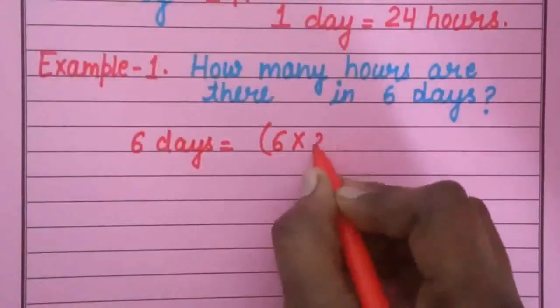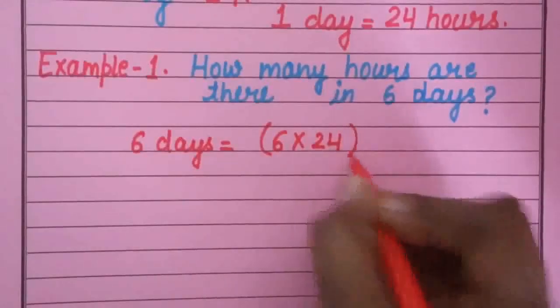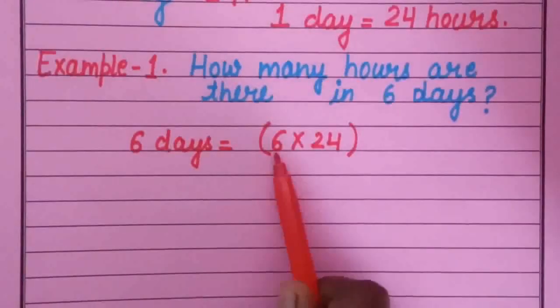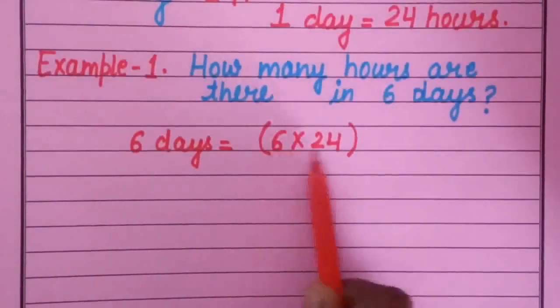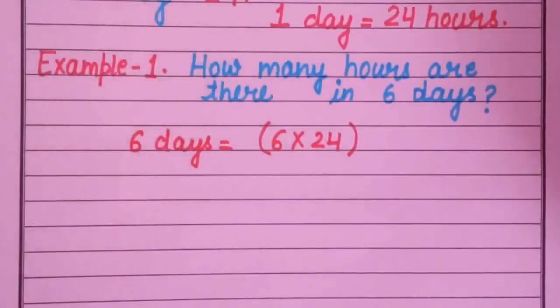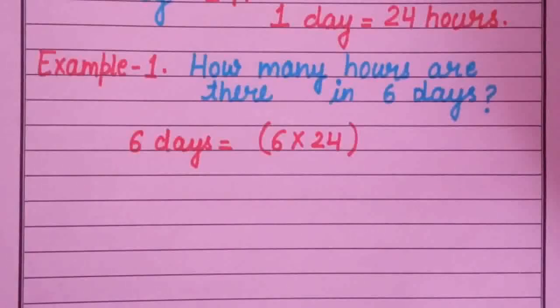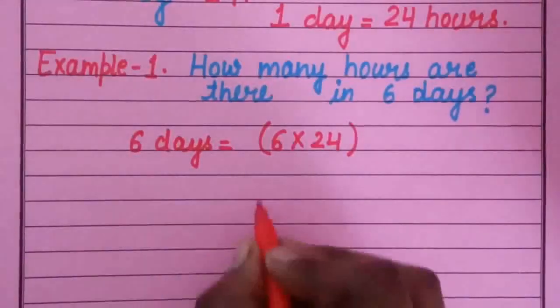Here we will multiply by 24 because we are going to convert days into hours. So you have to multiply the number of days by the number of total hours in a day, means 24. 6 multiply by 24.